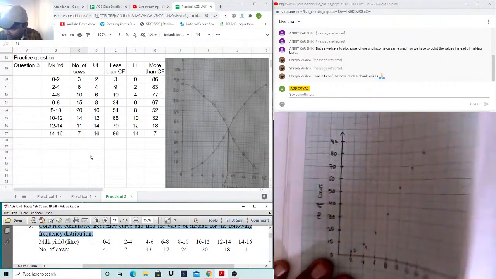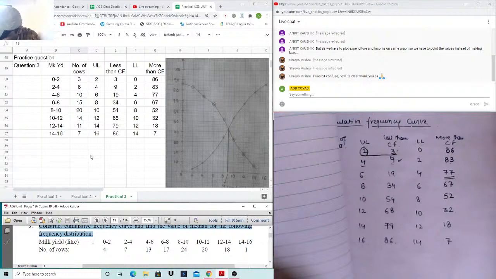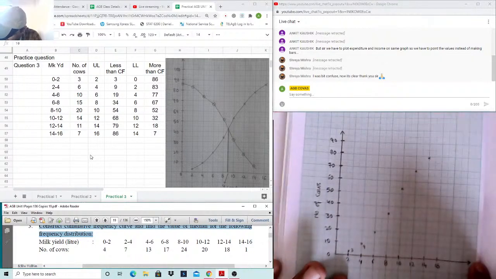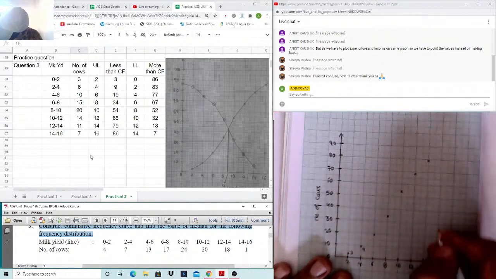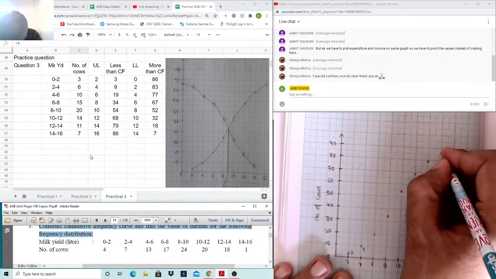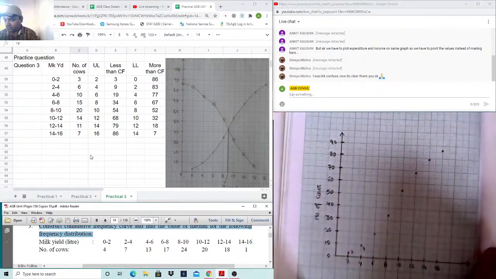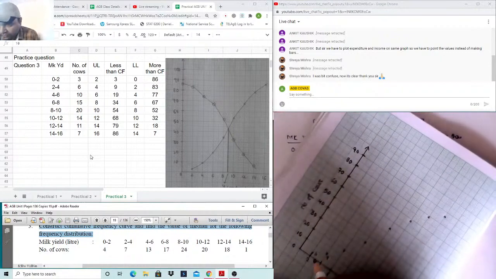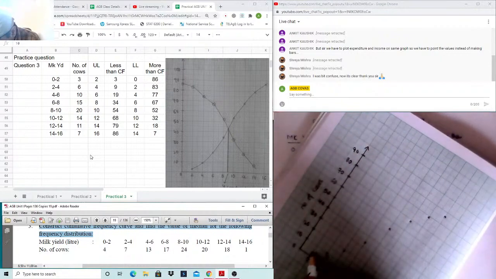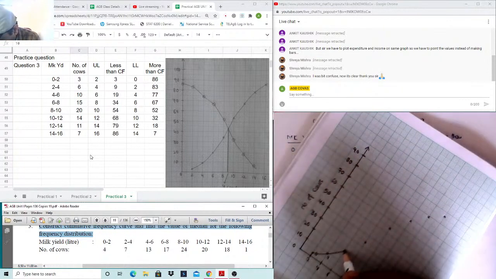And then at 16 it is 86. These are the values. Now what we will be doing, we will just join this line.